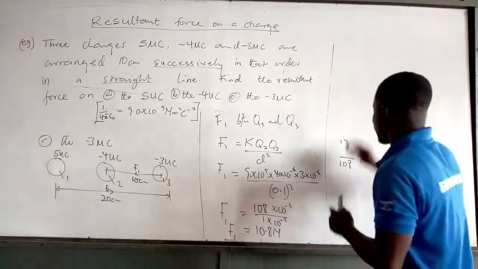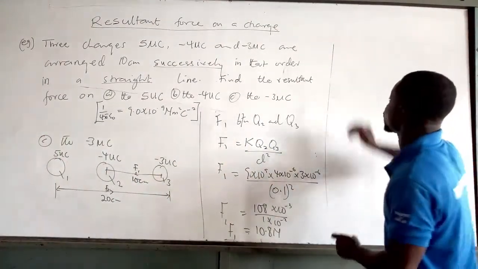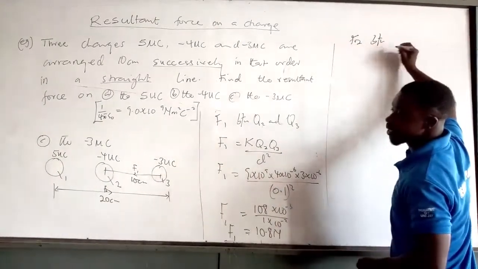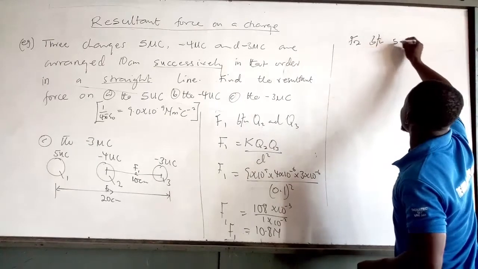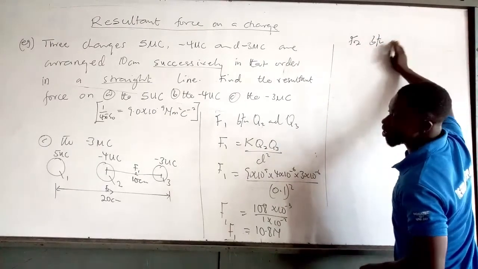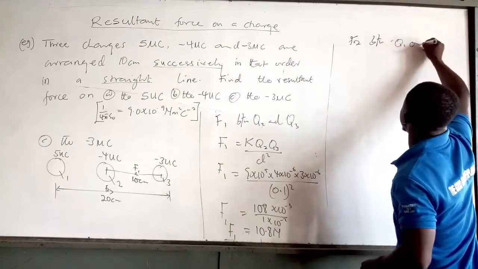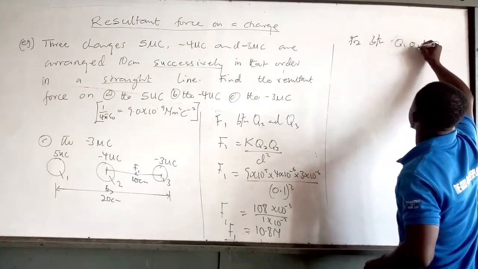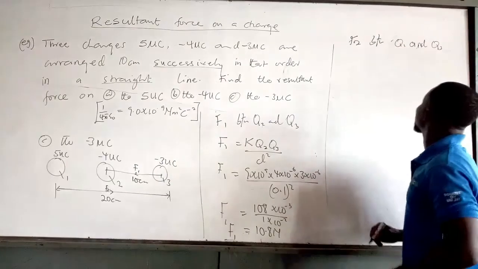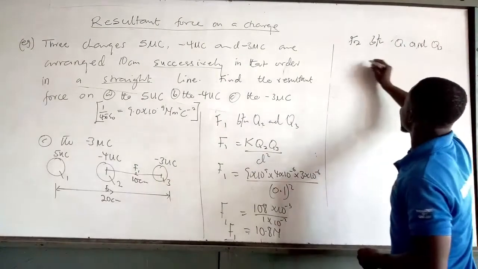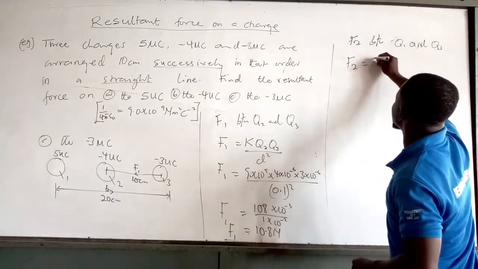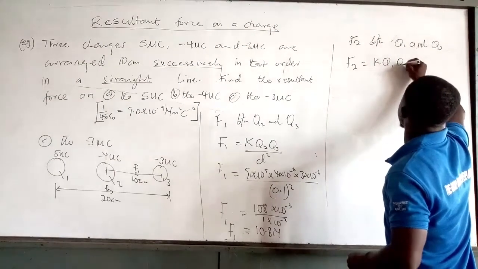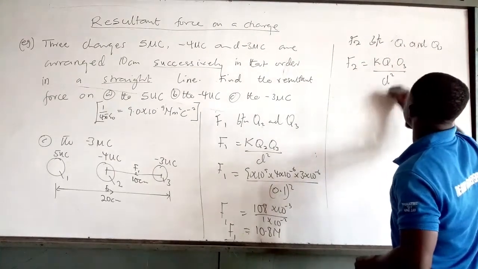Good. So we come to F2. F2 between Q1 and Q3. So that is going to give me F2 is equal to kQ1Q3 all over d squared.